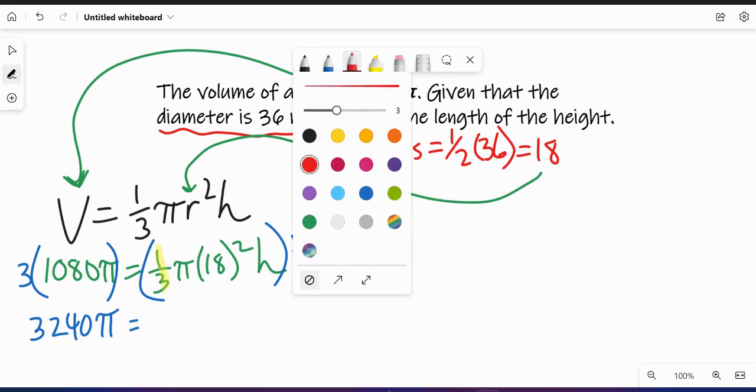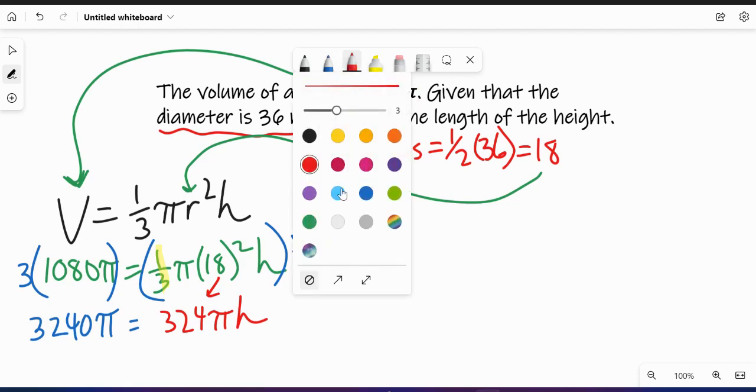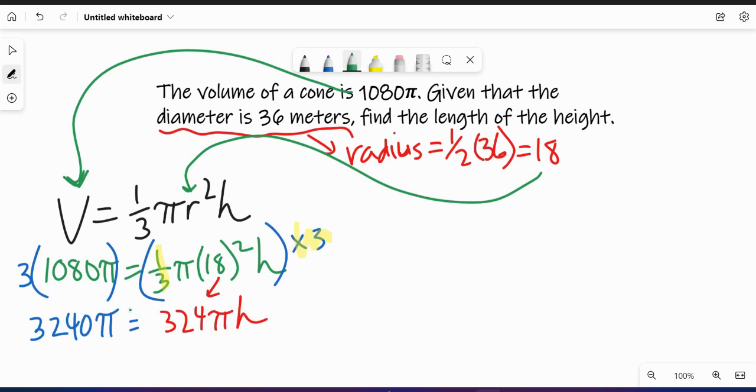So this is 324. The pi doesn't go anywhere, pi h, just like how I had before. Now I divide both sides by 324 pi.